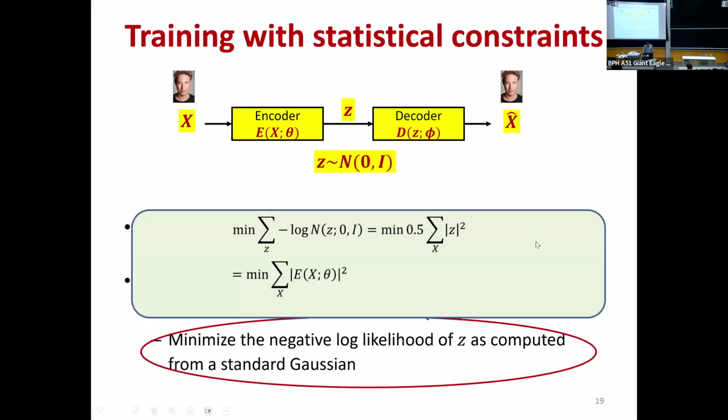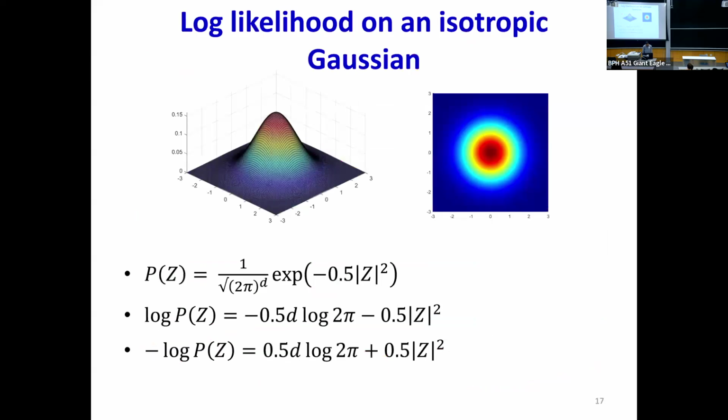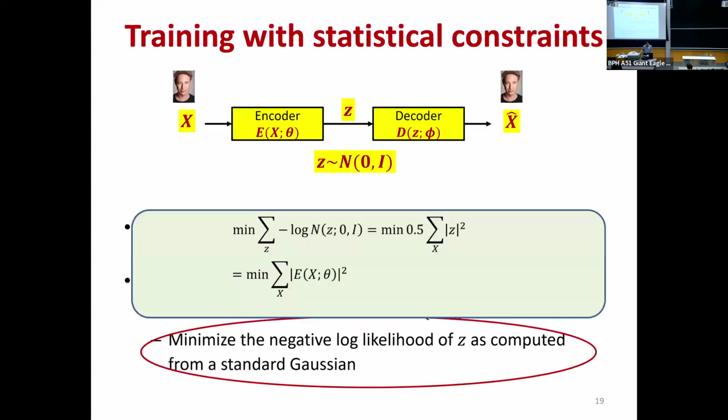Because again, remember, going back to the standard Gaussian, the negative log probability of finding z is simply this additive constant which doesn't depend on z, plus 0.5 times the squared norm of z. So basically minimizing the negative log likelihood is the same as minimizing the squared norm of z, which is the same as minimizing the output of the encoder in response to x.